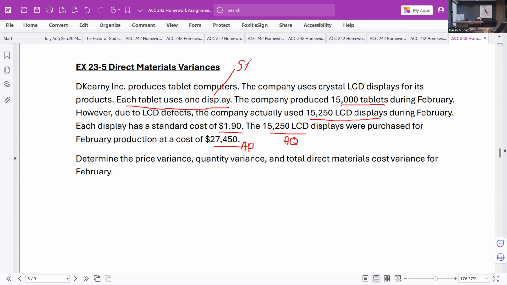So we know how many displays are needed for a tablet. And we also have an idea of what that standard cost is, or the standard price of $1.90. So we've got enough basic information to move on in the problem and calculate our variances.